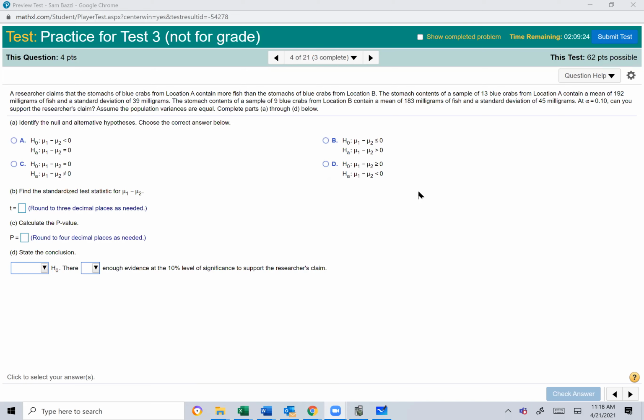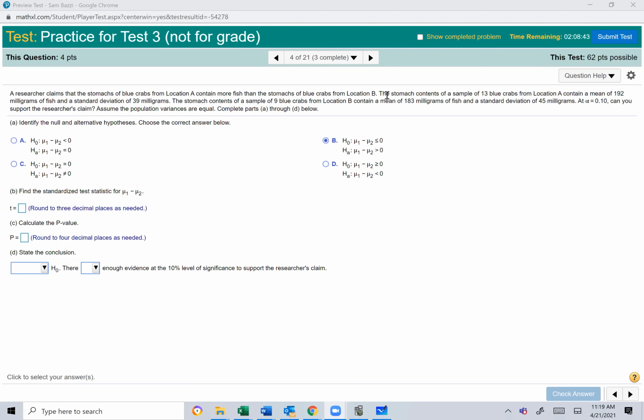We want to check if crabs that we get from location A contain more fish in the stomach than crabs we get from location B. I agree. It is B. Greater than, more, and then less than or equal to. That's the only combination that we need. This combination, guys, is the same thing as saying mu1 is bigger than mu2 and mu1 is less than or equal to mu2. So it's exactly the same thing.